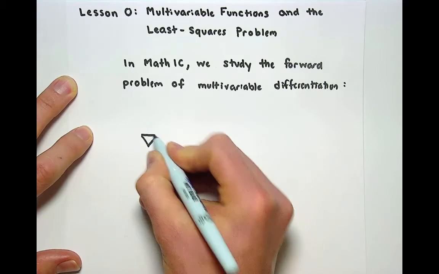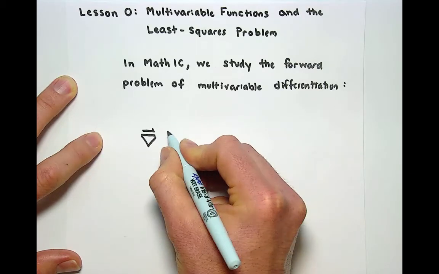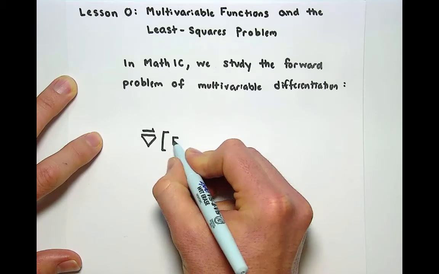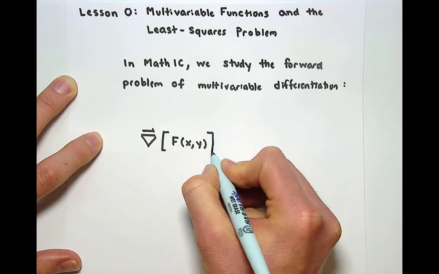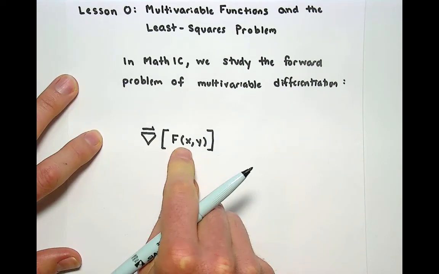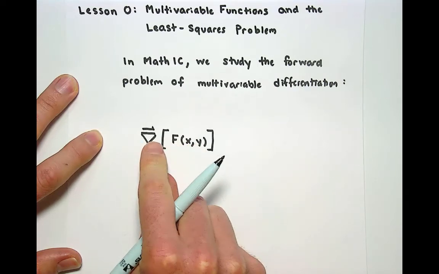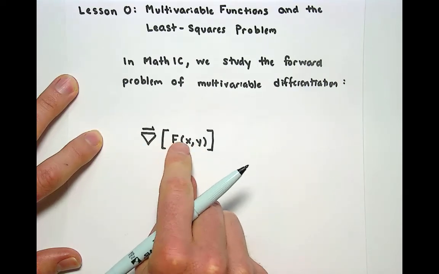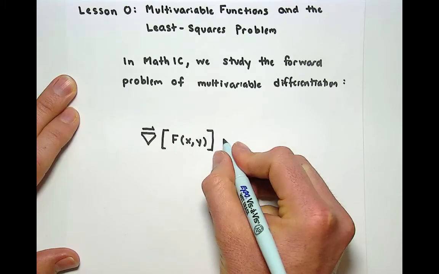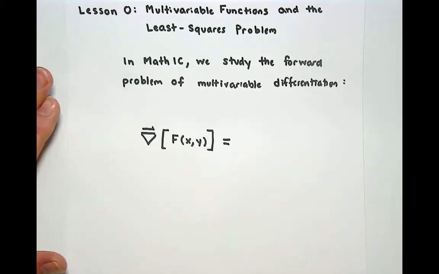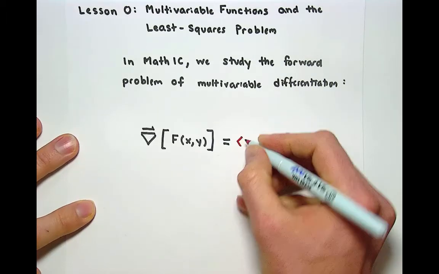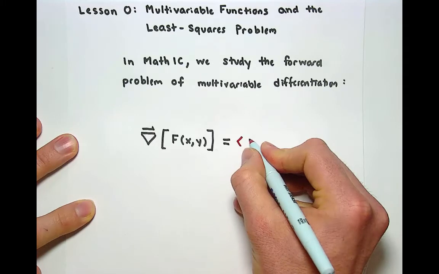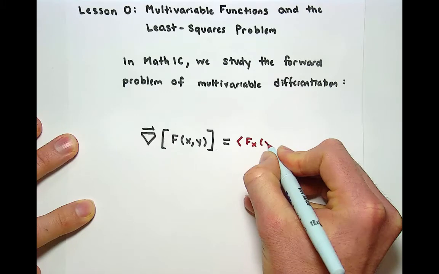We take a gradient operator and apply it to a multivariable function. In this writing, we're going to assume that we have two variables, but remember, the gradient operator can be applied to any function with more than one variable. In the forward problem, we calculate, using the techniques of this course, the gradient of this function, the derivative of this multivariable function, which in this case will have two components.